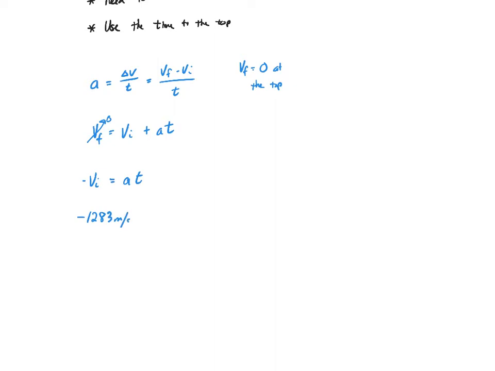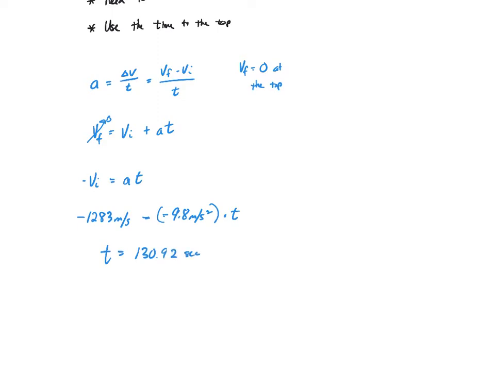So now I have 12,1283 meters per second is equal to negative 9.8 meters per second squared times time. Now I'm going to solve for that time, where time is equal to 130.92 seconds.